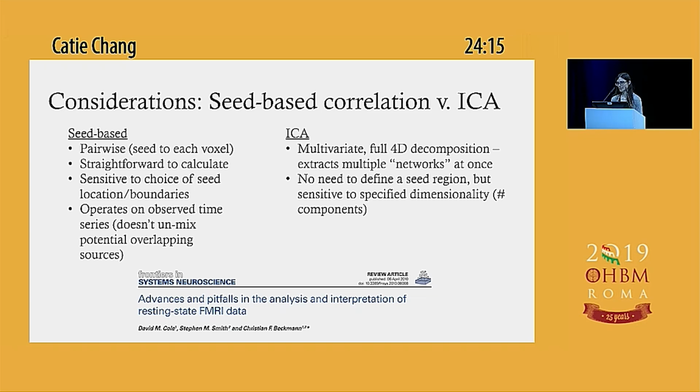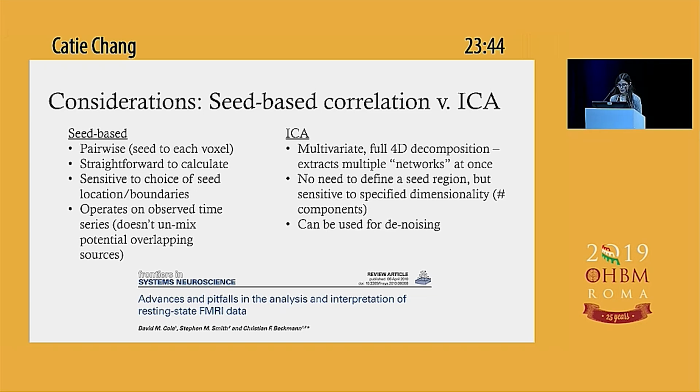There's automated heuristics for trying to pull out what the optimum number of components might be, but still, what we get out is really going to depend on the granularity we ask for. So if you imagine asking for 5,000 or 2,000 or 20,000 components, well, can't ask for that many usually, but it's going to split the data much more finely than if we ask for only 15 or 30, and so then you can see things like canonical networks splitting up and so forth, which could be good or bad depending on your goal.